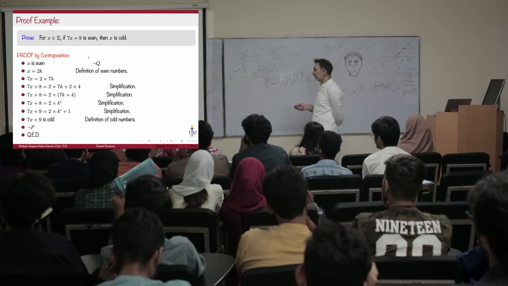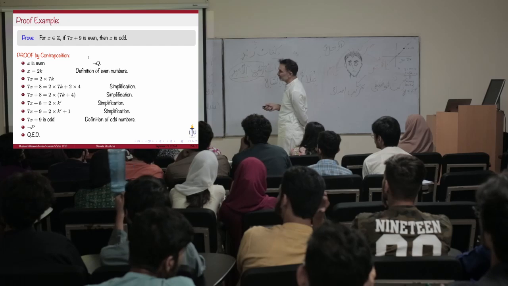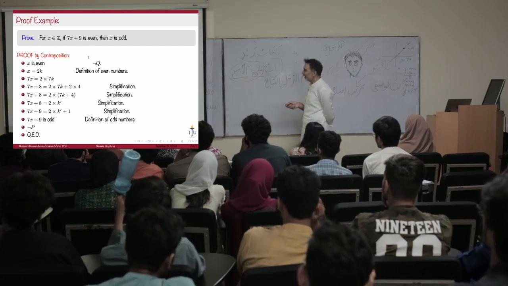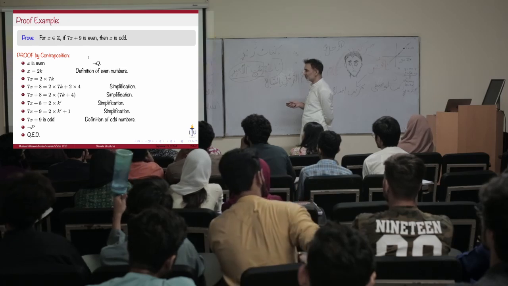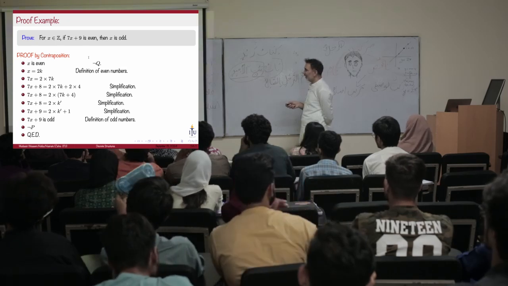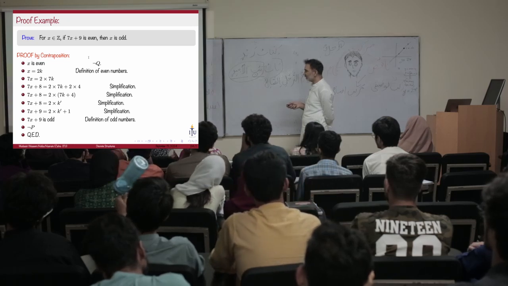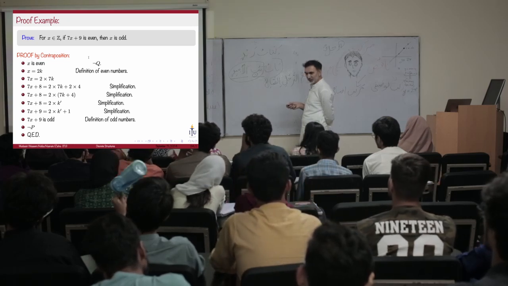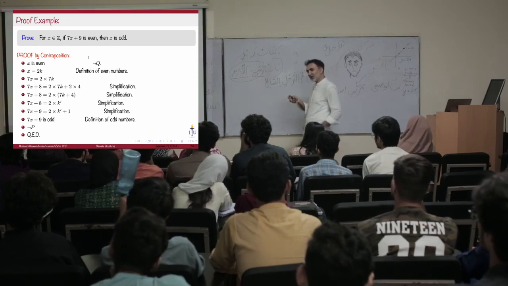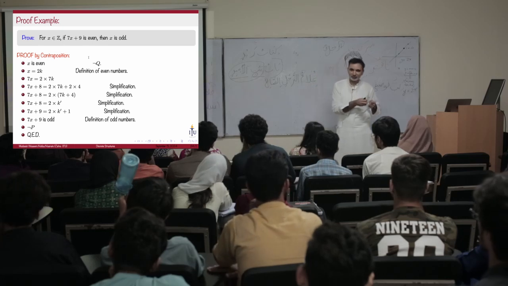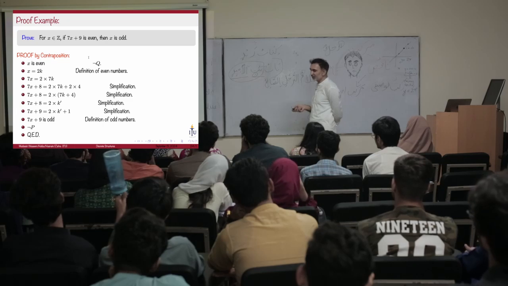Then I'm saying, okay, this is 9 times k. And then I'm saying that I'm going to add 8 to it. I add 8 here. 8 is 2 times 4, which means this thing is still 2 times something. At this point, I say that this is 2 times whatever that thing is. Now I'm adding 1 on both sides. At this point, I get the premise. Okay, so I'm constructing the premise from the conclusion, one step at a time. Yeah, I haven't used the premise at any step.